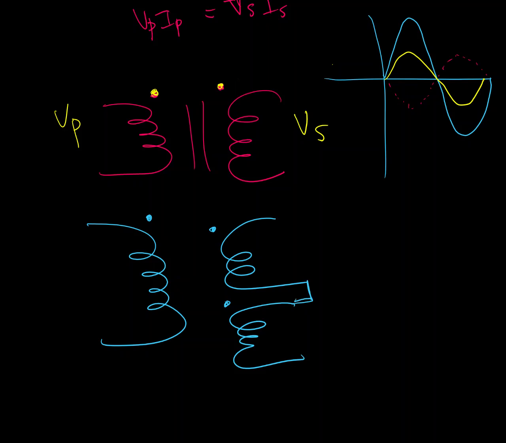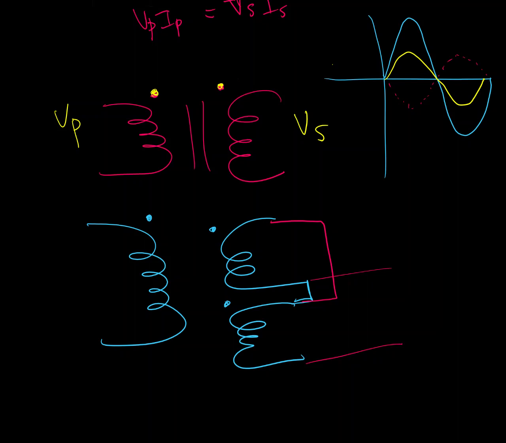If you connect them like this, you're going to get a different result than if you had connected like this and taken your output here and here, okay? Because where that dot is referenced to will decide whether that waveform combines additively or in a subtractive way. Okay, so that becomes important.